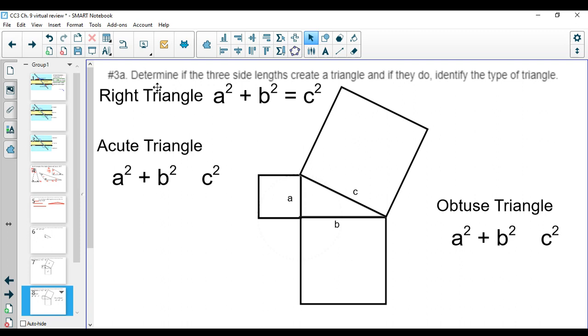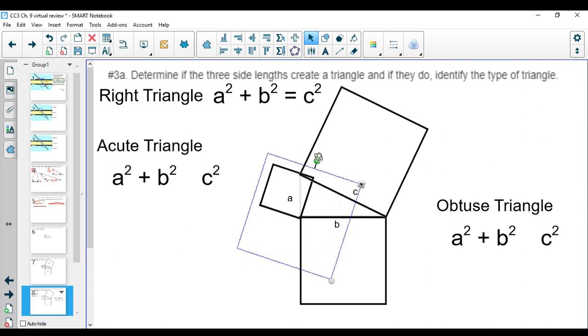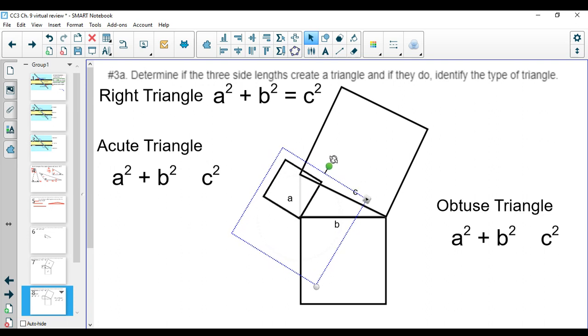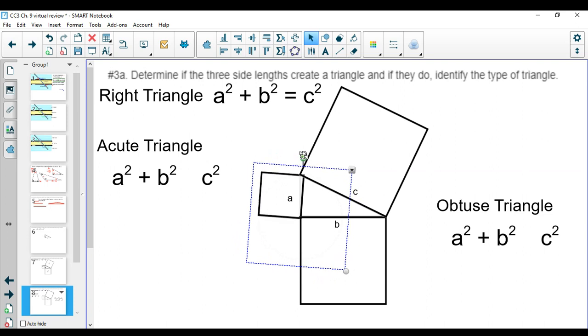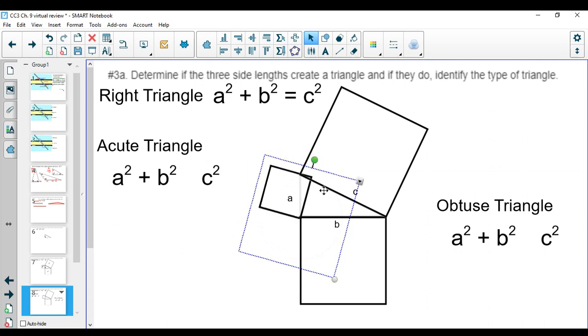So if I take this situation and instead of having this right angle, I'm going to take this side and rotate it in. When I rotate it, this top angle gets smaller, this one gets smaller.